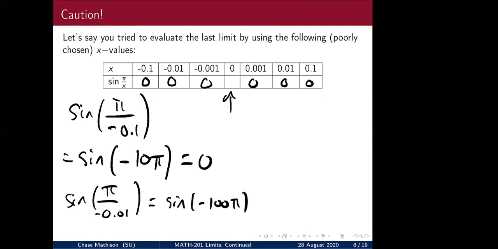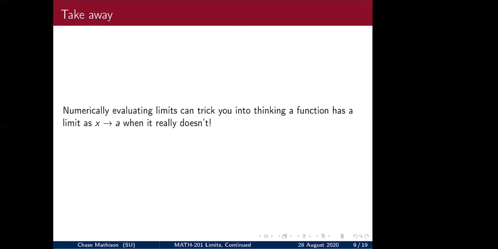So if you want to see an example where this chart gets you all 1s, just ask me later and I'll fill out a chart with the proper x values to show you that. All right, so the takeaway is that numerically evaluating limits can trick you into thinking that a function has a limit as x approaches a when it really doesn't, okay?